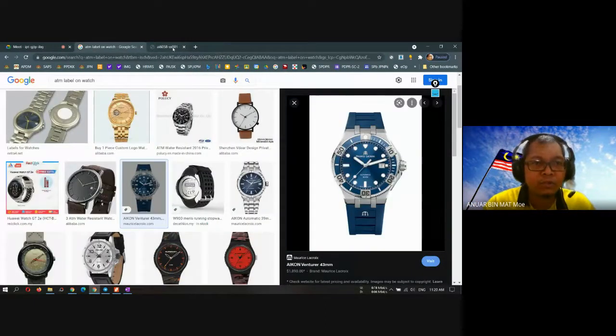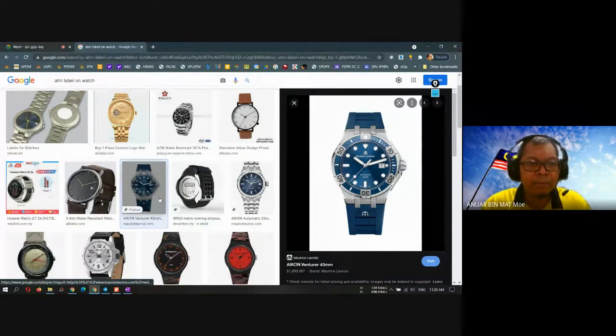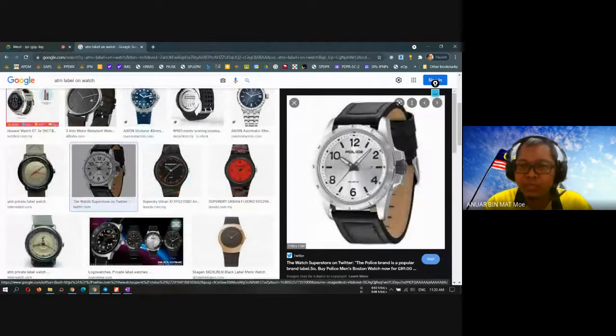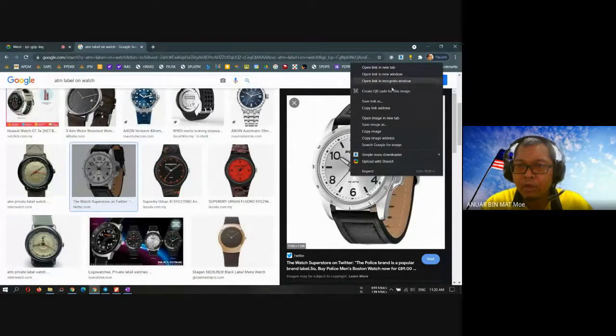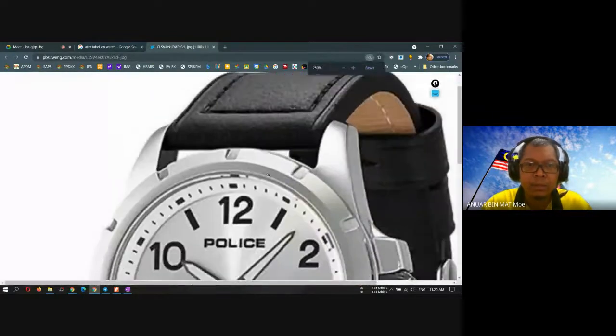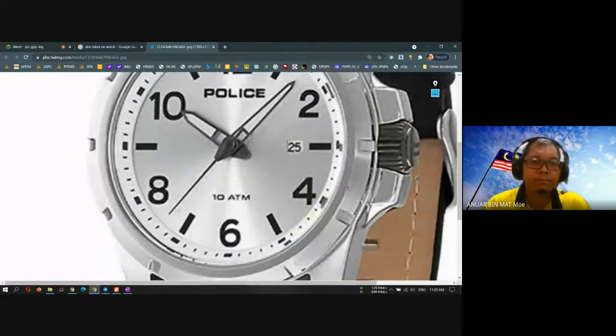Some watches use meters, and special watches use ATM. This is another example. How many ATM? This one, 10? 10 atm, right? Meaning that the watch can withstand 10 atmospheric pressure. Okay?